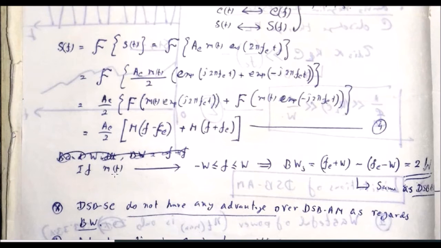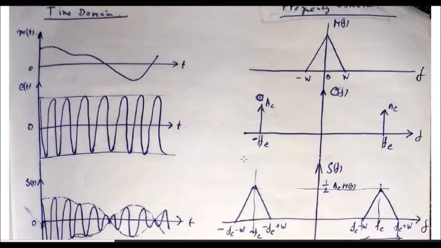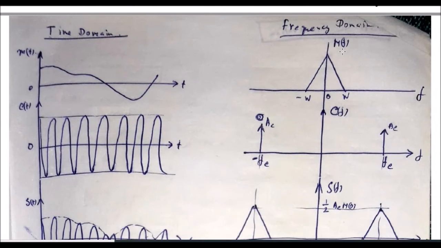So m(t), the actual message signal, will have this kind of bandwidth or band, that is, a spectrum. Look at the frequency domain. It is your message signal.